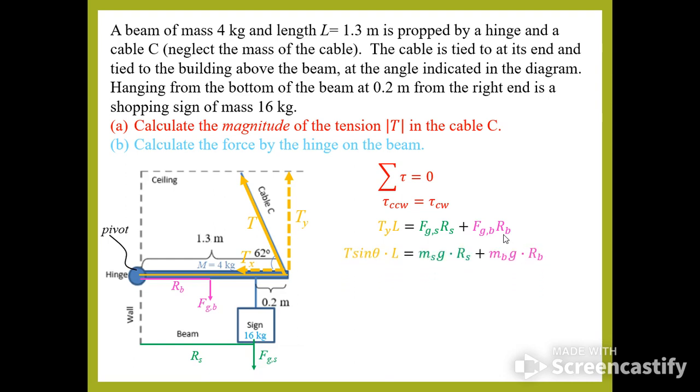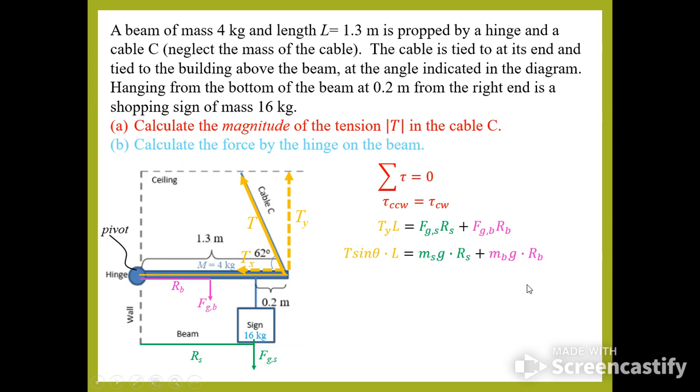Then you can expand from here, which is some tedious math. The vertical component of T, which is T_y, based on the angle given, which is 62 here, would be the opposite, so we want T sine theta times L. Then we replace F_g with mass times gravity, and we do the same for the force of gravity due to the beam in this statement.